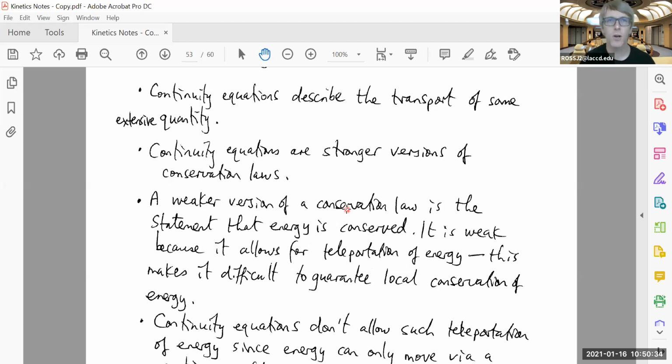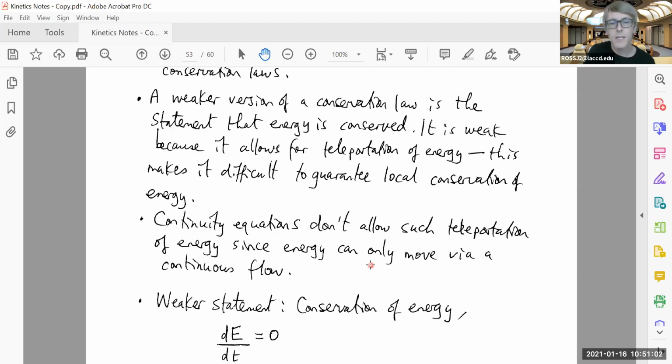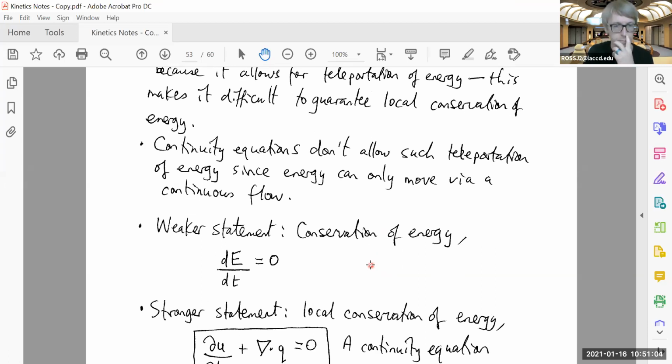So the continuity equation is a local version of the same thing. And because it's local, it prevents teleportation. It doesn't allow energy to just disappear or teleport. It looks at the immediate environment around every energy source, and it says that that can't disappear either. So regular conservation of energy allows for teleportation of energy, continuity doesn't. So that's why it's a bit more robust.